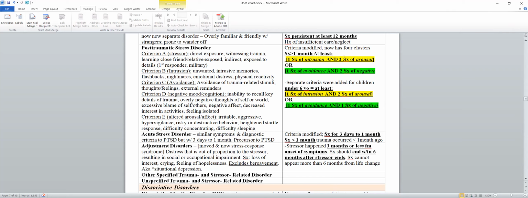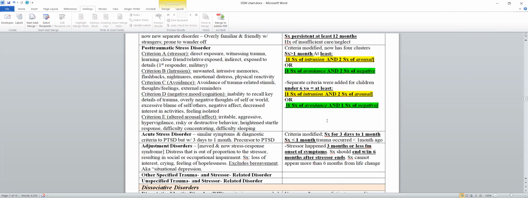So I'll say that again: symptoms for greater than 1 month and must have at least 1 symptom of intrusion and 2 symptoms of arousal, that's B and E, or 1 symptom of avoidance and 2 symptoms of negative, that's C and D.